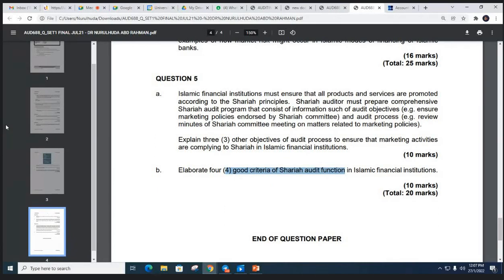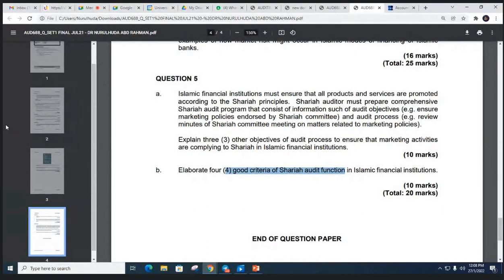The Sharia audit functions in accordance with the standard of Islamic financial institutions. But for this audit there is no specific standard. You can mention having good audit techniques.